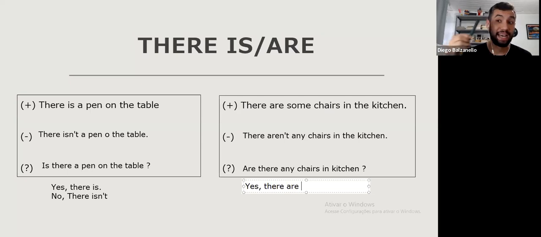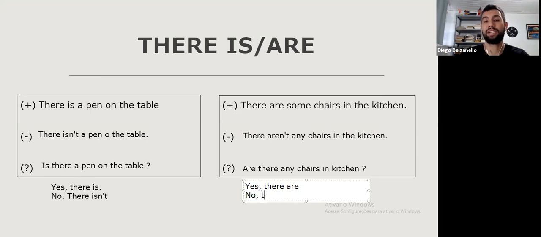There is a cell phone, singular. There are rulers, two rulers, plural. Okay, keep this in mind. Remember, we're talking about existence. That's very important. And the negative.